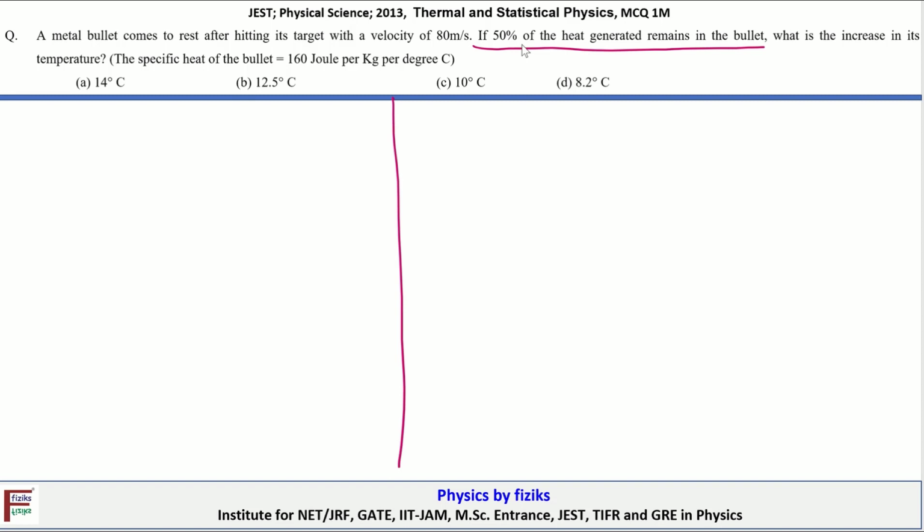Okay, so the kinetic energy of the bullet is equal to 1 by 2 m v squared. Okay, and this is converted into heat, and only 50% of the energy is associated with the bullet after hitting.